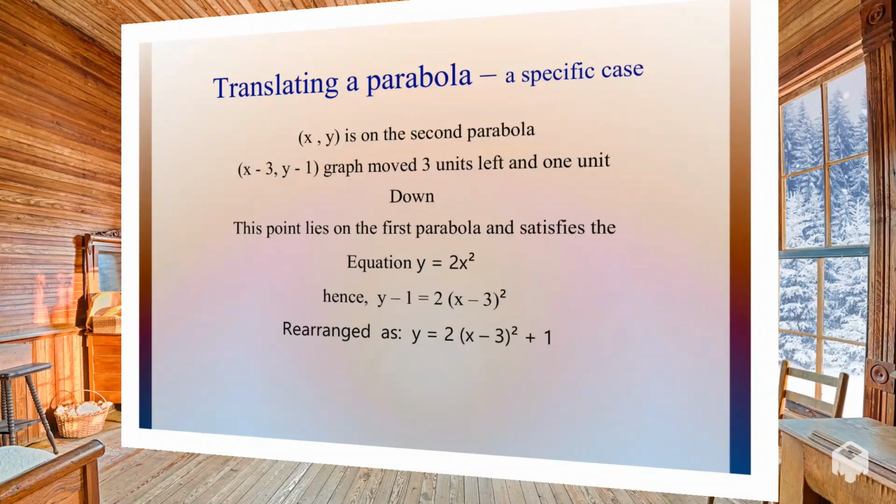So we substitute for the y coordinate, which is y minus 1, and for the x coordinate, which is x minus 3, rearranging that to give us y is equal to 2 brackets x minus 3 all squared add 1. And this is the completed square form.